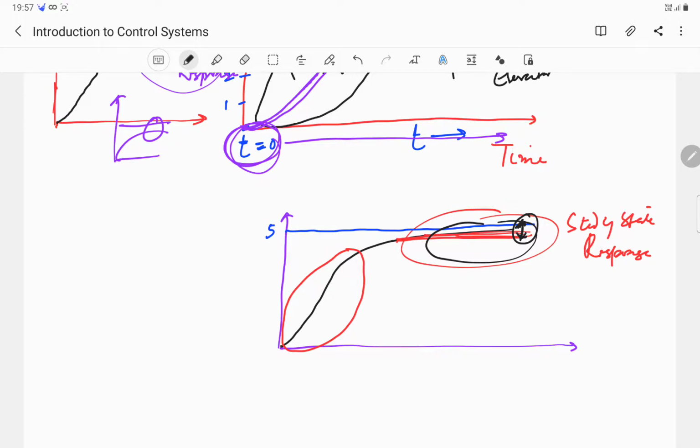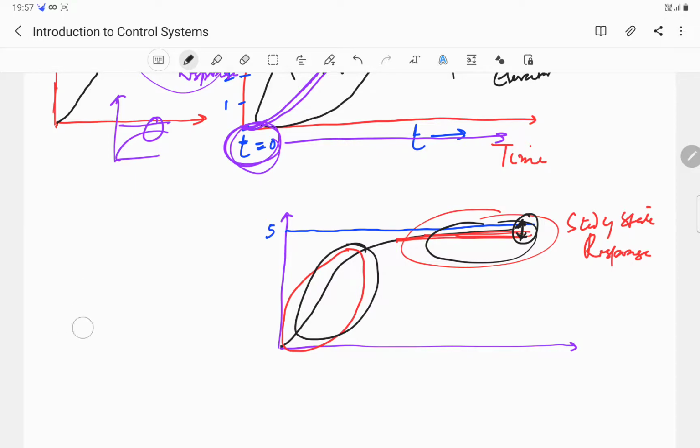By that we mean that the control system has now stopped working. When it has reached the final steady state, we say the control system has stopped functioning, while in the transient period, the control system continuously works so as to achieve the desired output.